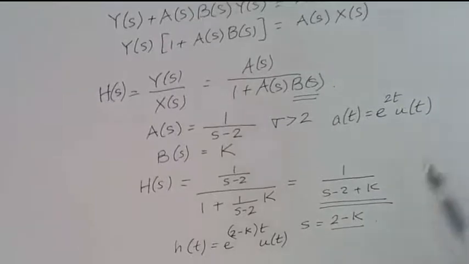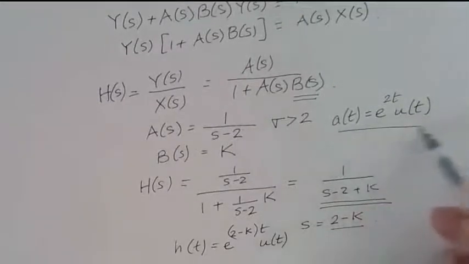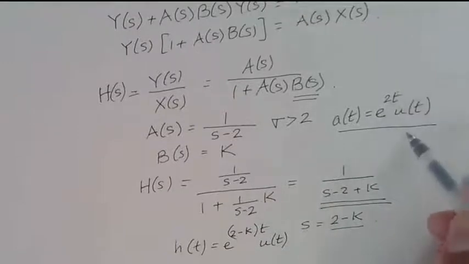Okay. Initially, I started out with a system that was clearly unstable. e to the 2t, if I plot this, is just blowing up, right?